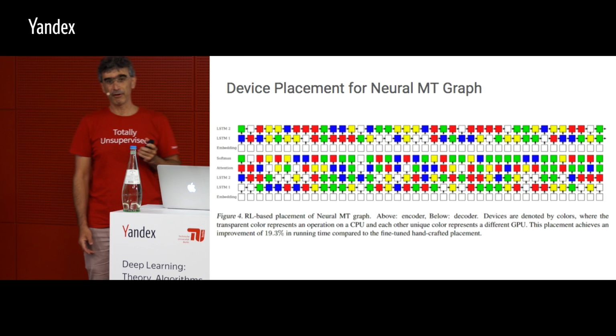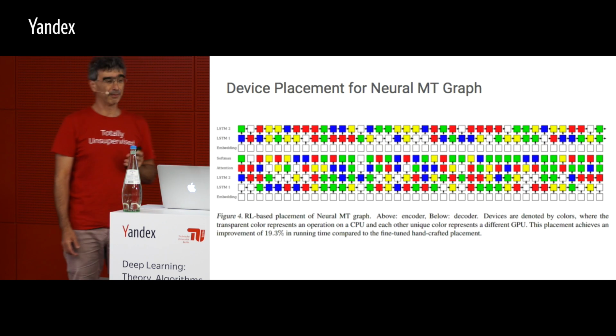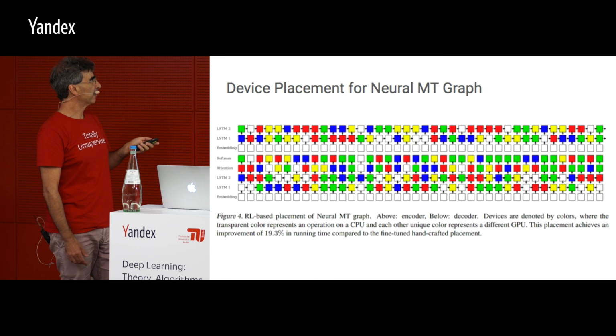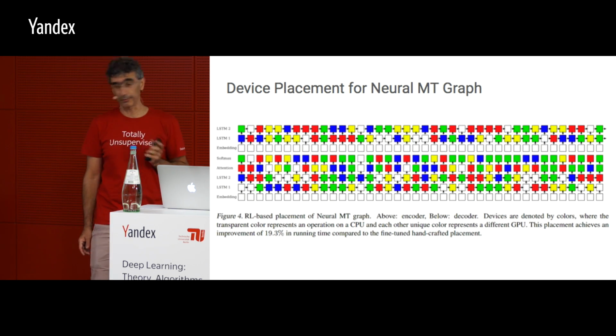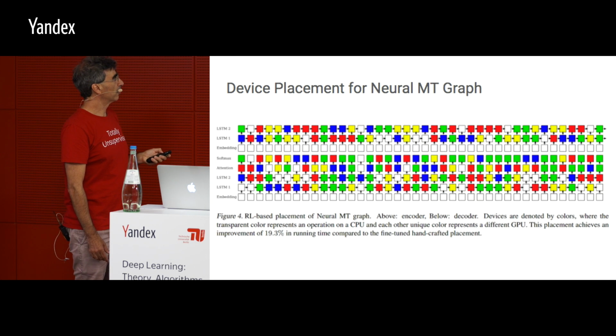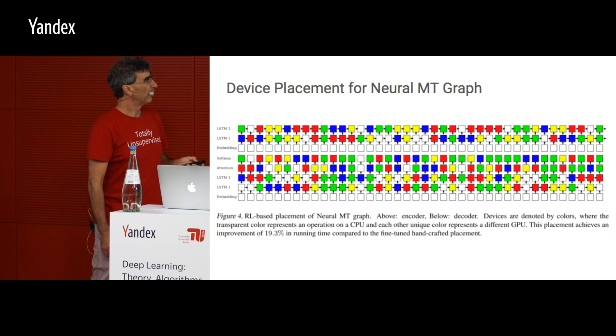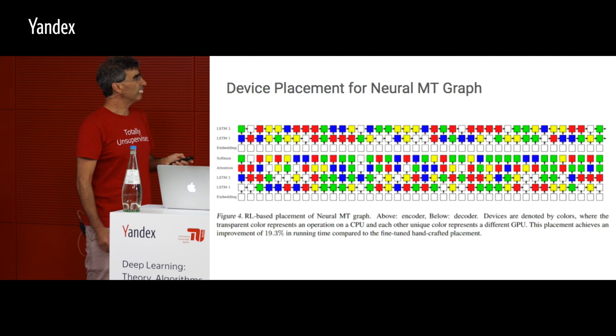So here is an example of a solution that is found by our procedure. This is for the neural machine translation graph, which includes here an embedding layer, the first LSTM layer, LSTM2. You can see here roughly what the model is. The color coding is white means the CPU, and each of the other colors means a different GPU.